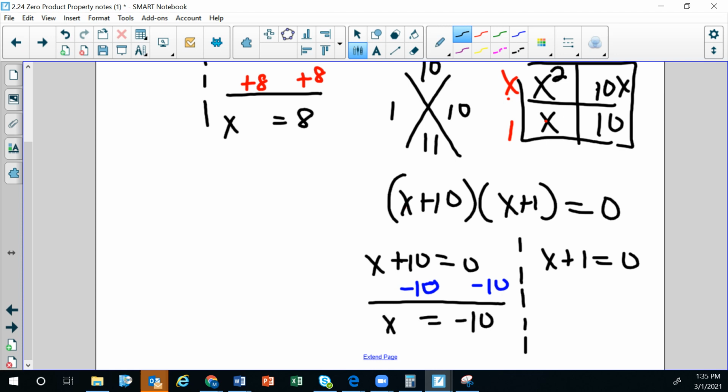And the other one, if I add a negative 1 to both sides, draw my line, that gives me x is equal to negative 1. So both negative 10 and negative 1 are my solutions, my zeros to the quadratic function.